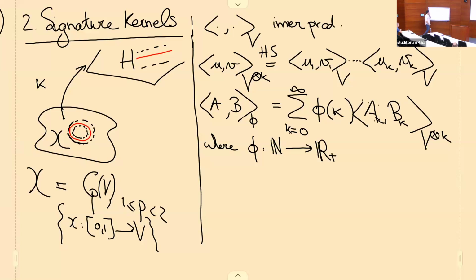Then T of V equipped with this inner product is an inner product space. And now what I can do is take the completion.